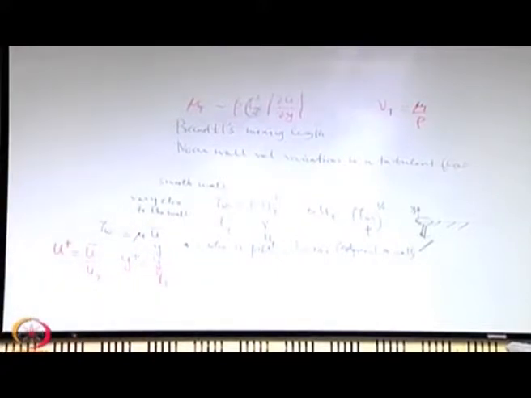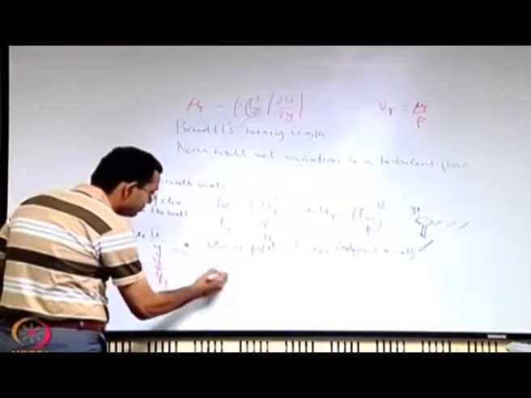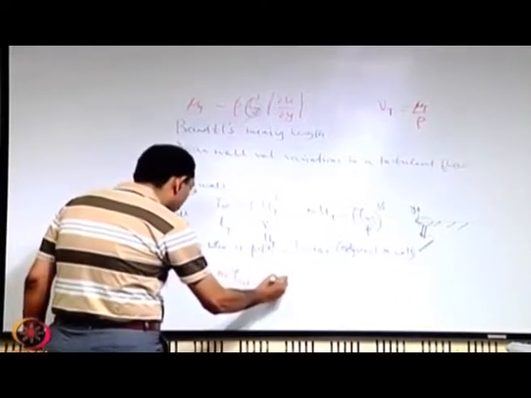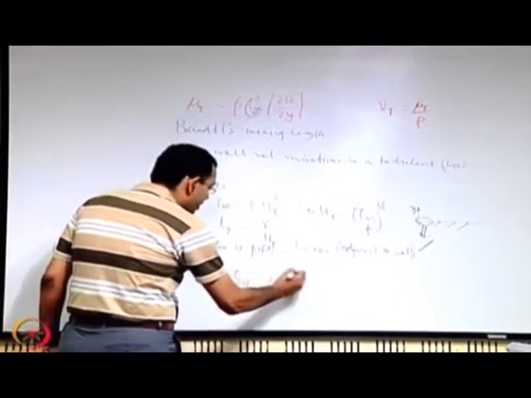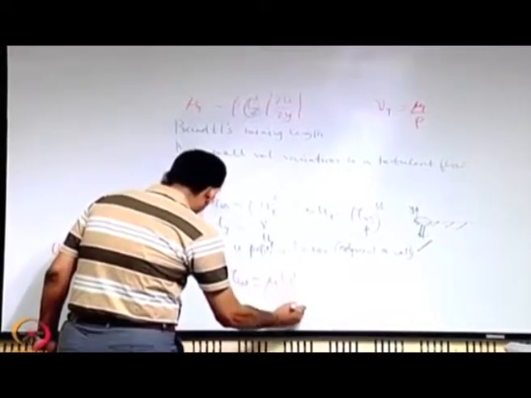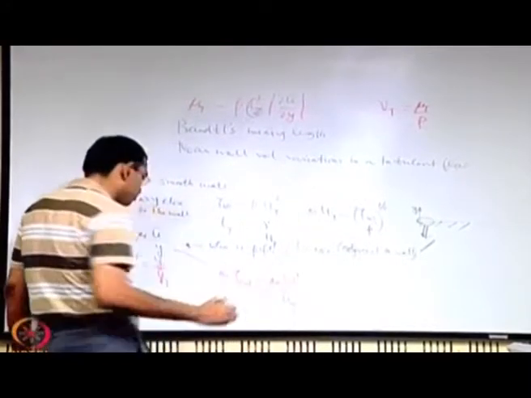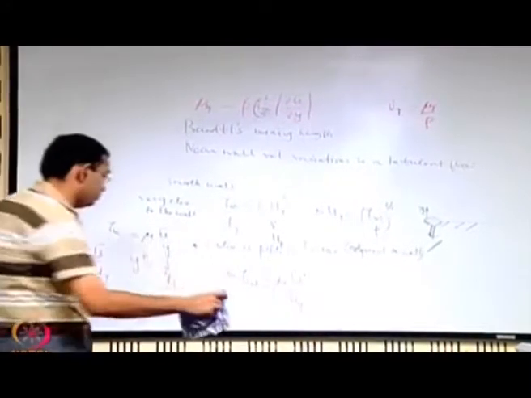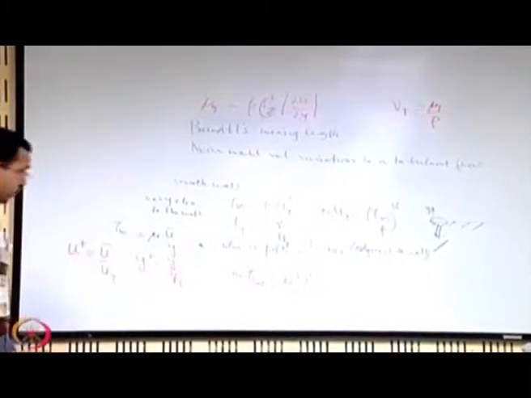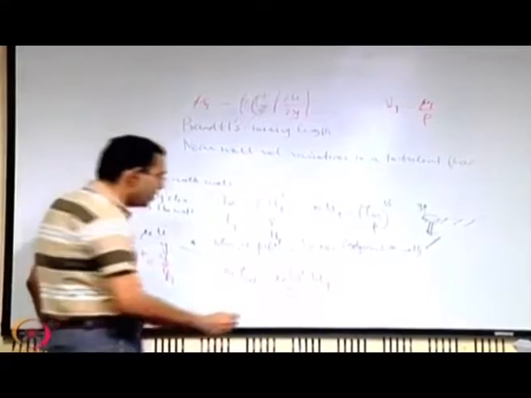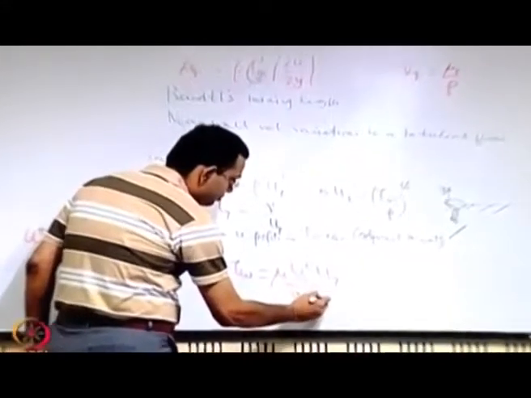Okay. So these are two important non-dimensional quantities that we introduce. Let us write the wall shear stress in terms of these quantities. We will write tau wall equal to mu, in place of u bar we will write u plus into u tau, and in place of y we will write y plus into y tau.